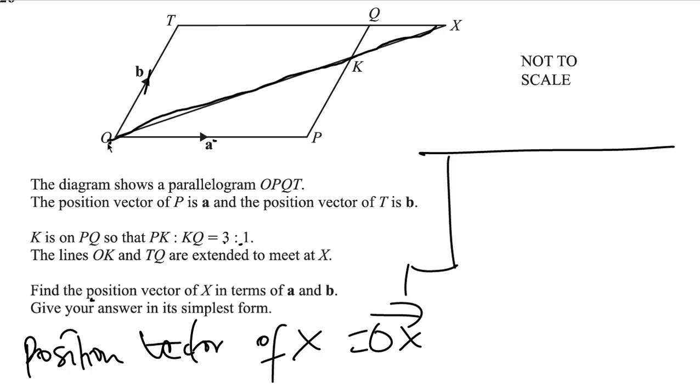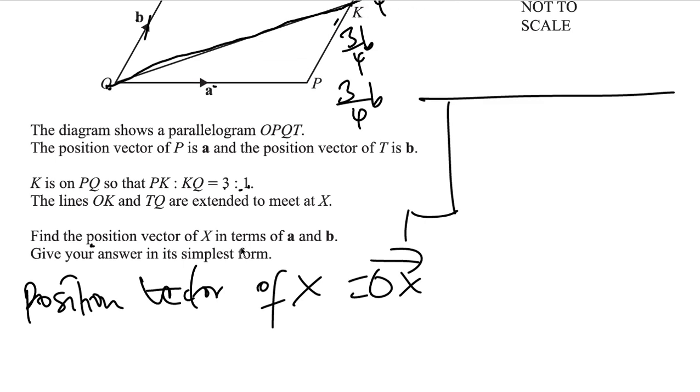So if this is OT and it's parallel, we have b here. That means this side PQ is also b. So PK is 3/4 b. KQ is 1/4 b, because that's taking this proportion, right?